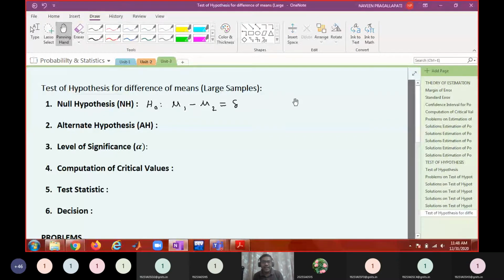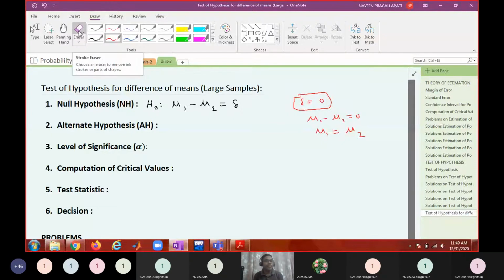If I say delta equal to 0, what do I mean by that? mu1 minus mu2 equal to 0. That means mu1 equal to mu2. That means there is no difference between two population means.